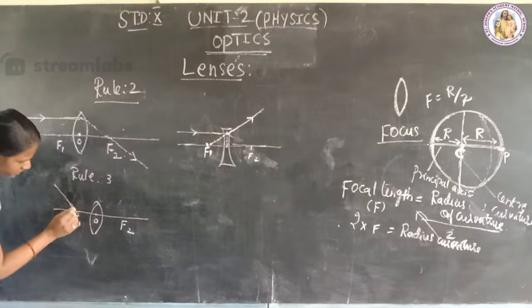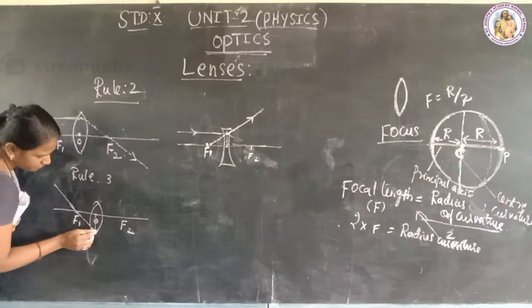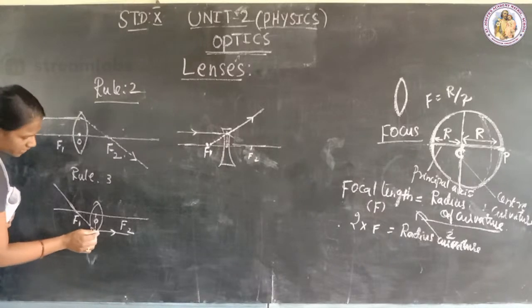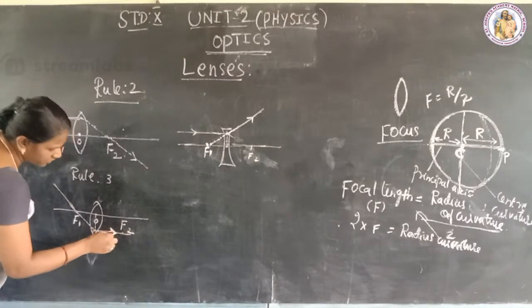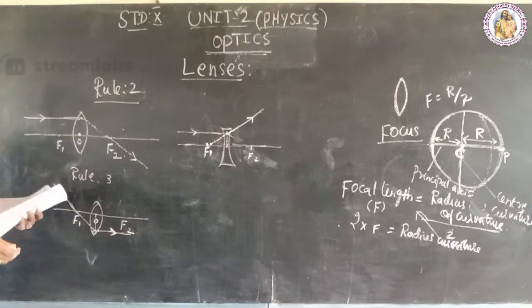After it gets refracted, again it becomes parallel to the principal axis. See here, a ray which is passing through the focus, after refraction, goes parallel to the principal axis.